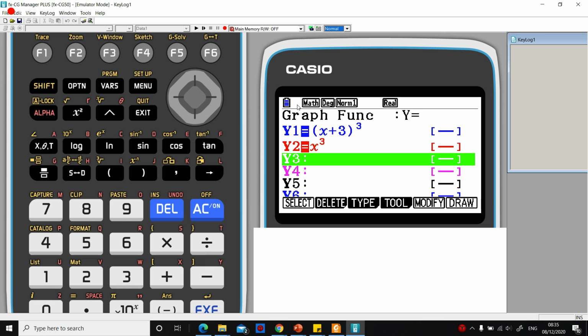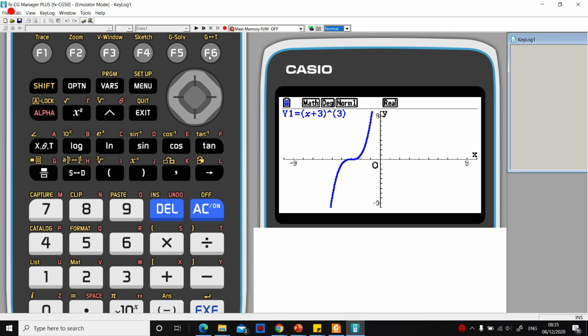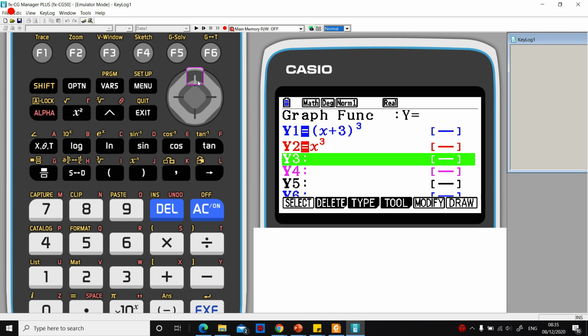You can clearly see the second function becomes red and the first becomes blue. If I now draw this, we can see what's happened to it. The curve has been shifted 3 places to the left. It's a translation, so the curve has not changed, it's been shifted 3 places. That's very important to understand as well.